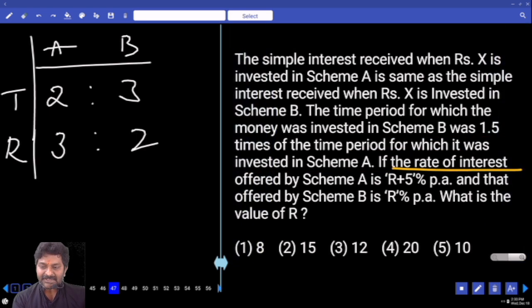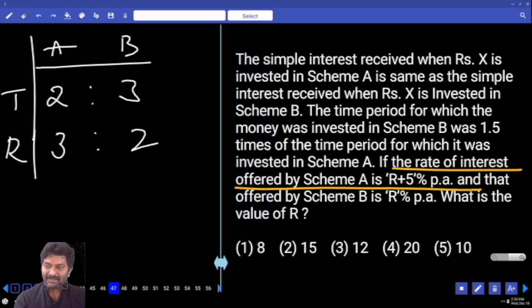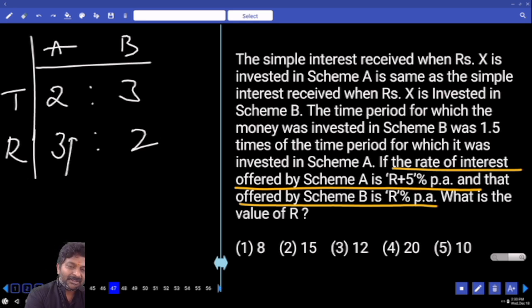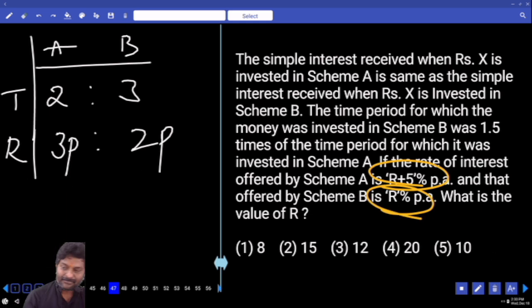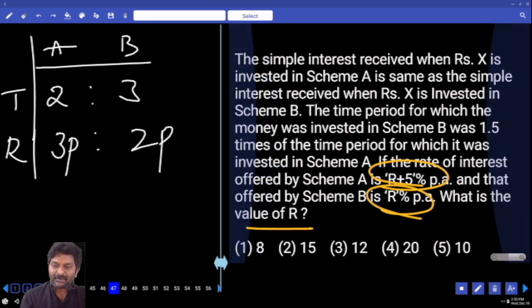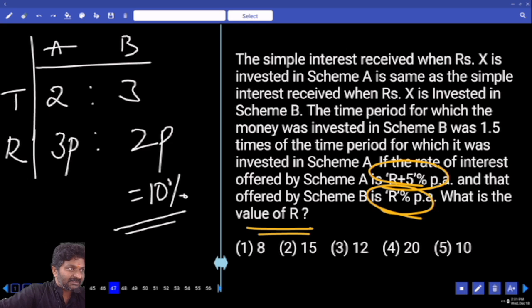If the rate of interest offered by scheme A is R plus 5% and that offered by B is R% per annum, the number of parts is 3 parts and then 2 parts. The difference is 1 part, which is equal to 5. Then what is the value of R? R is 2 parts, which is 10%. Fifth option is the answer.